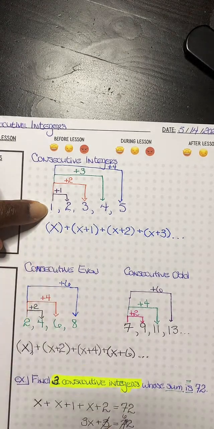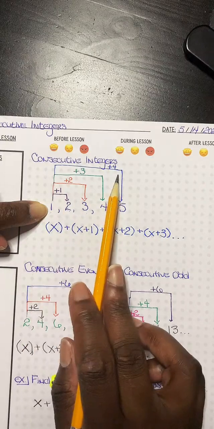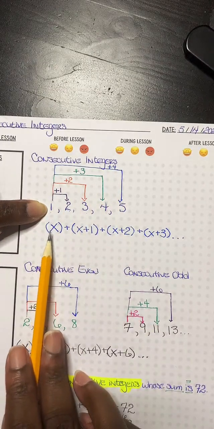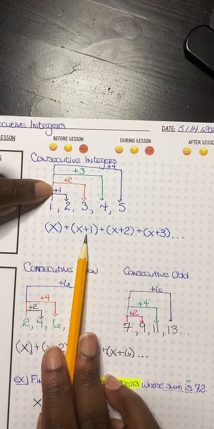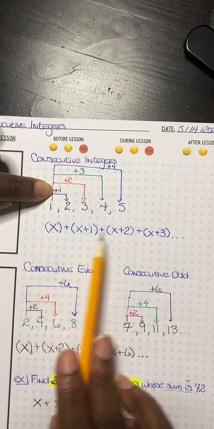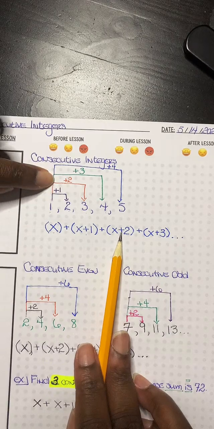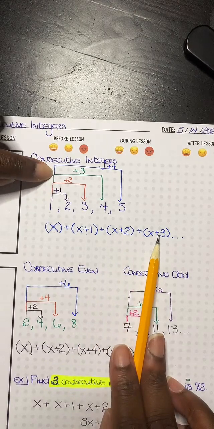What do I actually have to do? When it's consecutive integers, you start with the first number, which is our x. Then the second number is our x plus 1. Then to get to the third number will be x plus 2. The fourth number will be x plus 3, and so on.